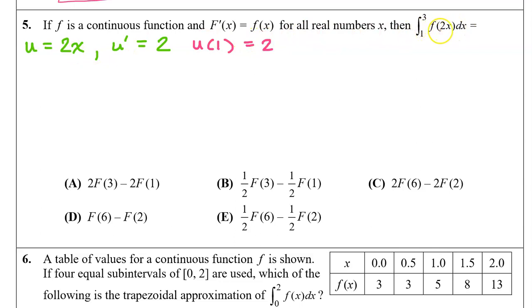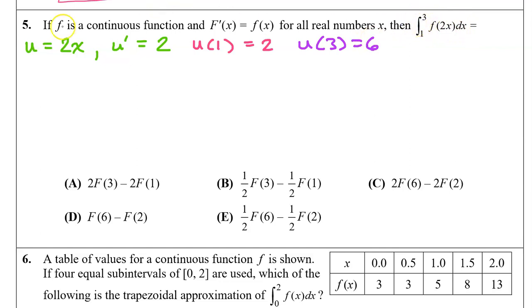So when I rewrite this, instead of a 1, I'll put a 2. Similarly, u at 3, I'm looking at this limit. So u at 3 will be 2 times 3, which is 6. So when I rewrite this, I'm going to put a 6 instead of a 3.